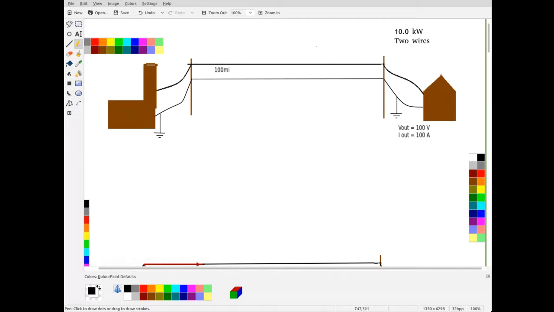Here is the example we talked about last week, where we were powering the house, and I was talking about how in my house I had tripped my 100 amp breaker a couple of times. So here is my 100 amp breaker. We're assuming a nice, even, round 100 volts to make Mr. Monk happy.